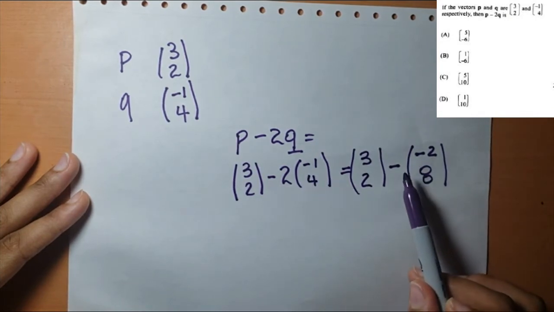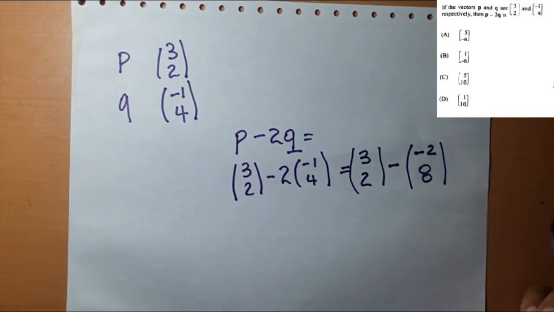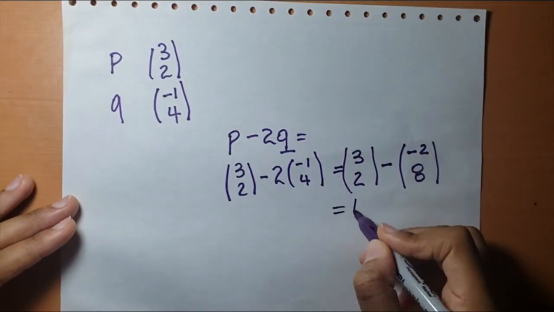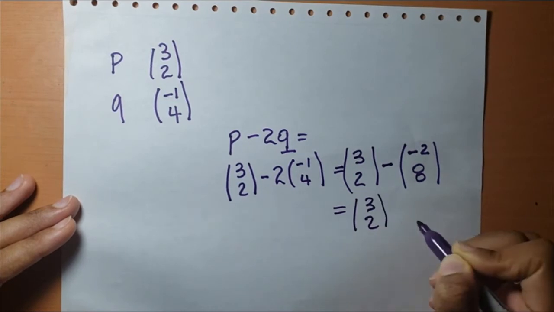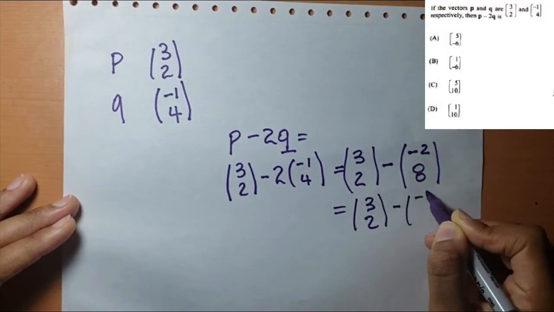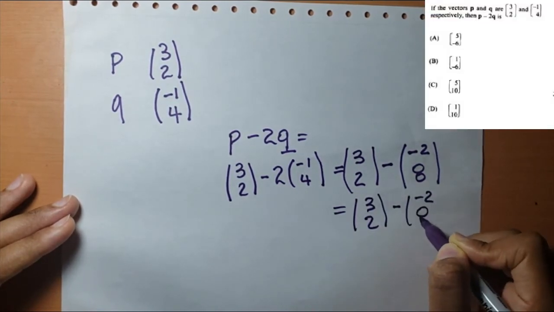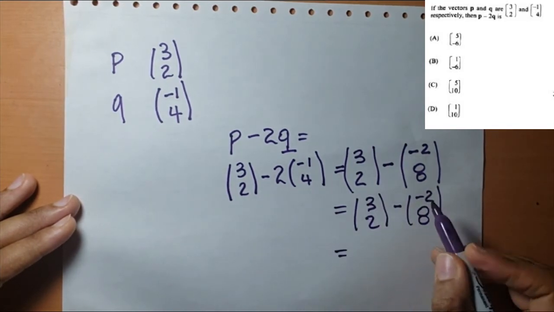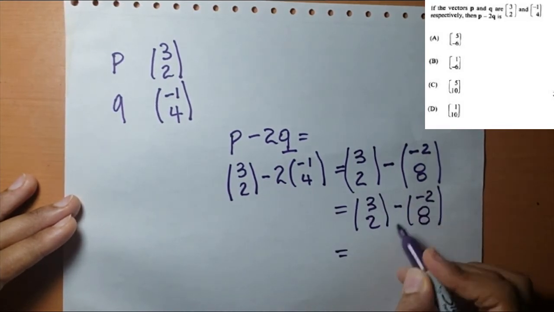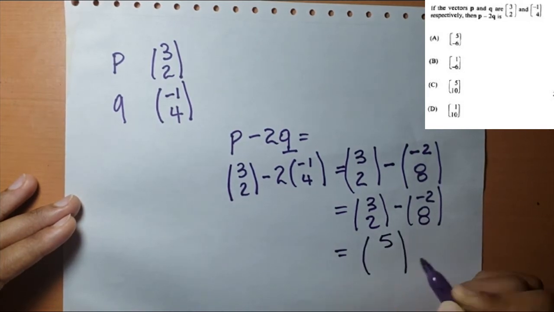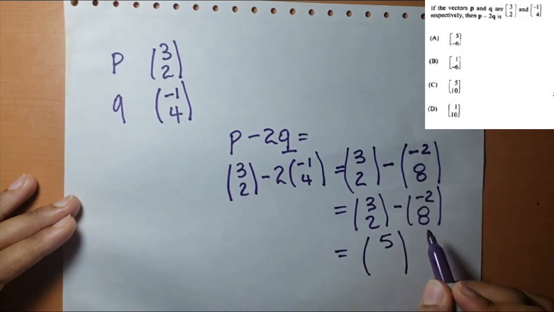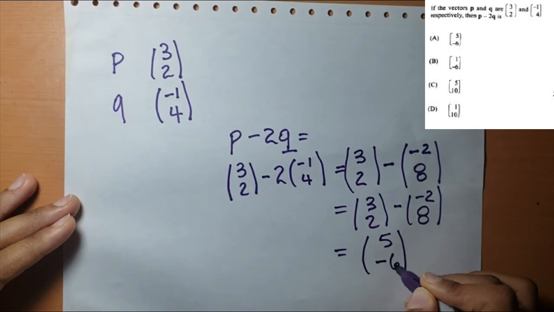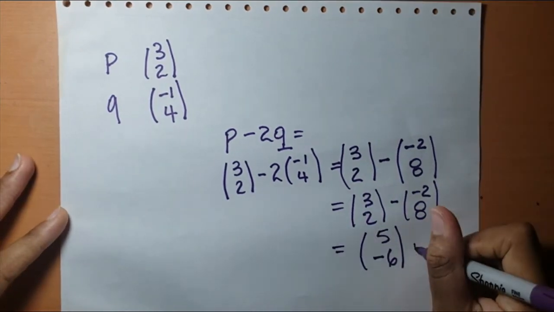So now we have 3, 2 minus negative 2, 8. I wrote back the same thing, I'm sorry. So then we have 3 minus negative 2, that is 3 plus 2, that is 5. Then we have 2 minus 8, that is negative 6. And that is A.